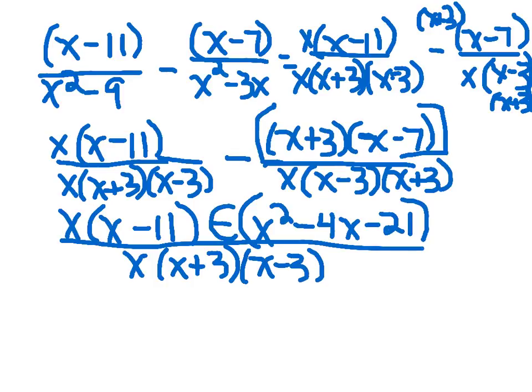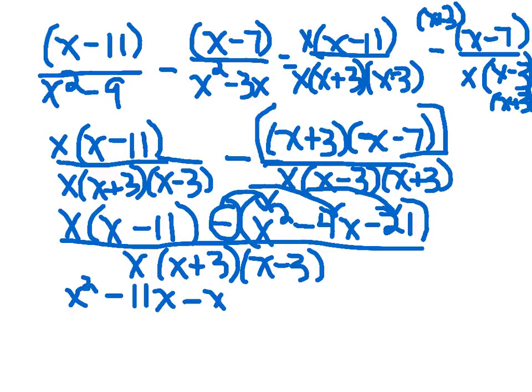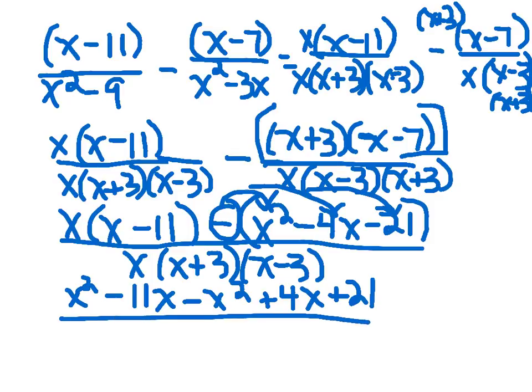And it's important because since that subtraction, that -1 gets distributed over all of these terms, which changes their signs. So doing the math, I get x squared minus 11x minus x squared plus 4x plus 21 over x times x plus 3 times x minus 3.